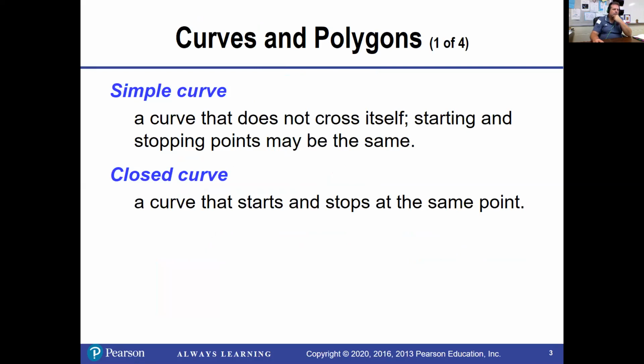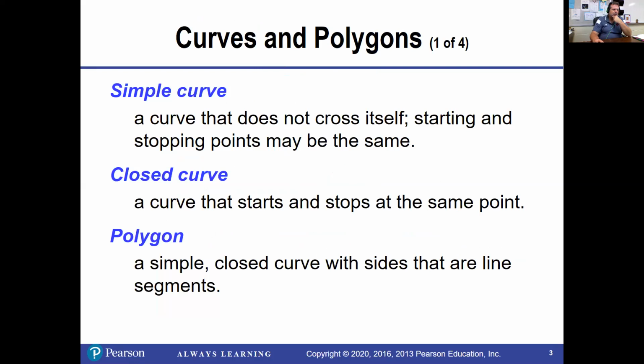A polygon is a simple closed curve with sides that are line segments. Again, a curve can be a line, just a straight curve. A polygon is a closed curve, which means the curve starts and stops in the same spot, but it's made not of what you think of as curves, but of straight lines.